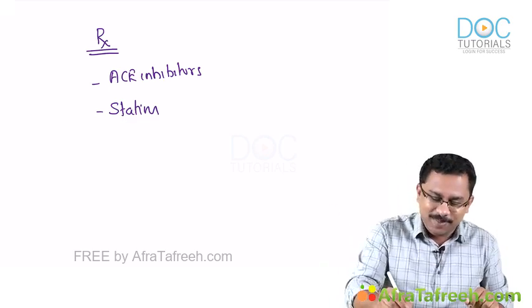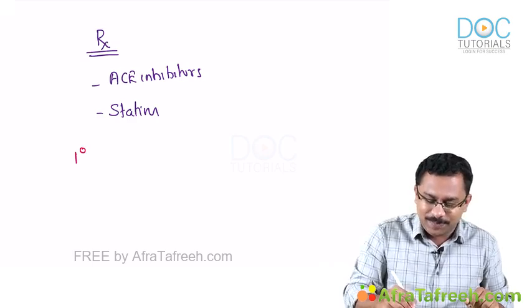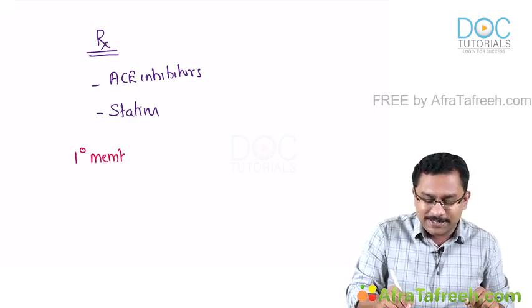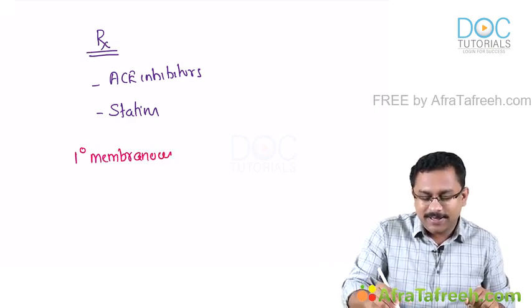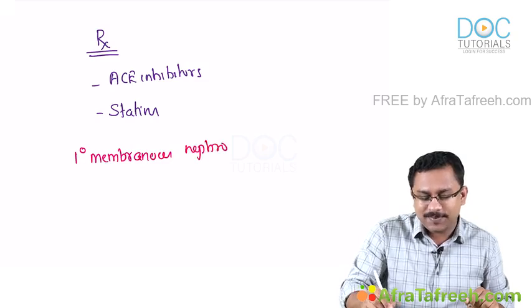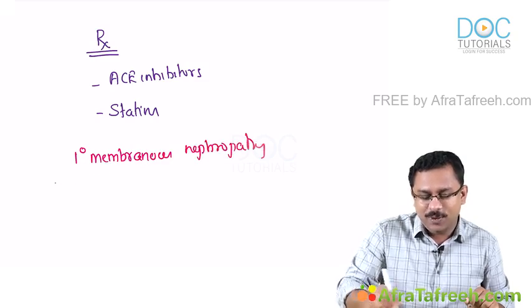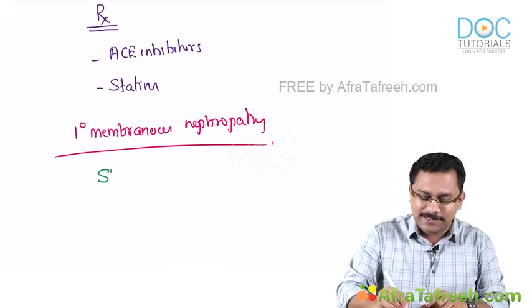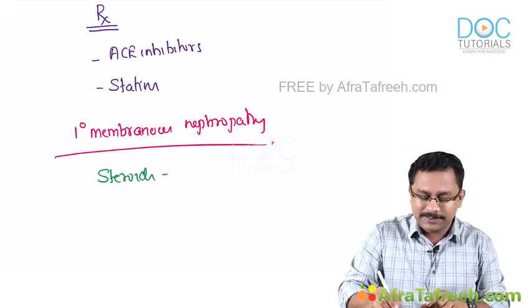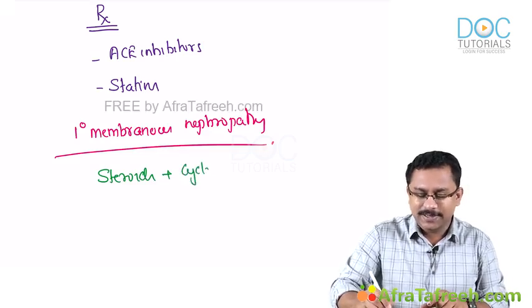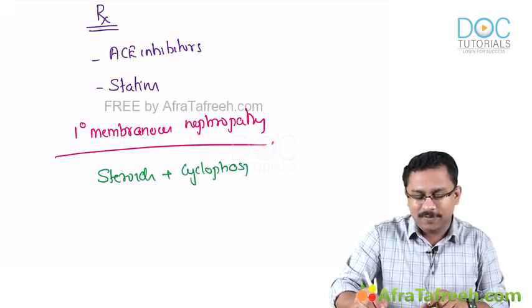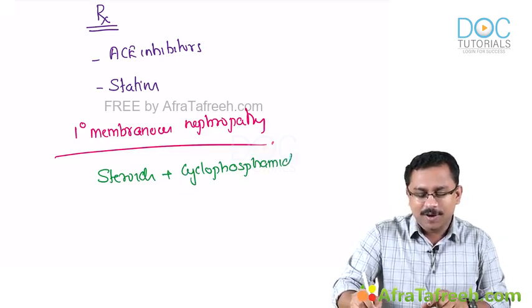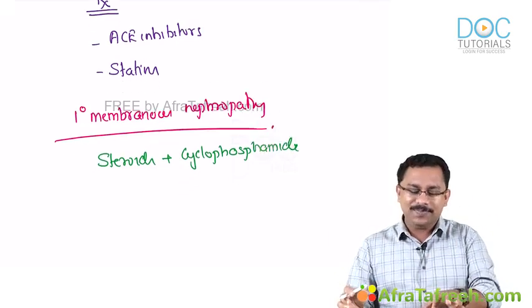It is for primary membranous nephropathy that you would want immunosuppression. And what will you give? You will give steroids plus cyclophosphamide. Often you have to give a combination.